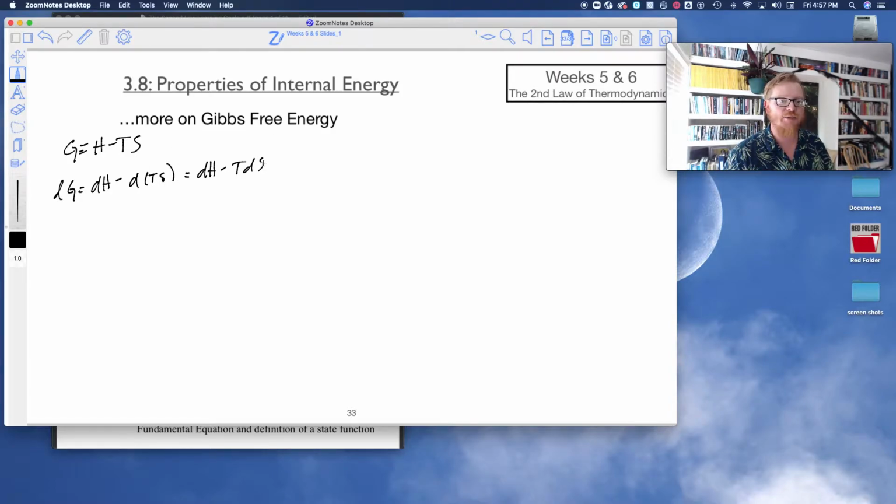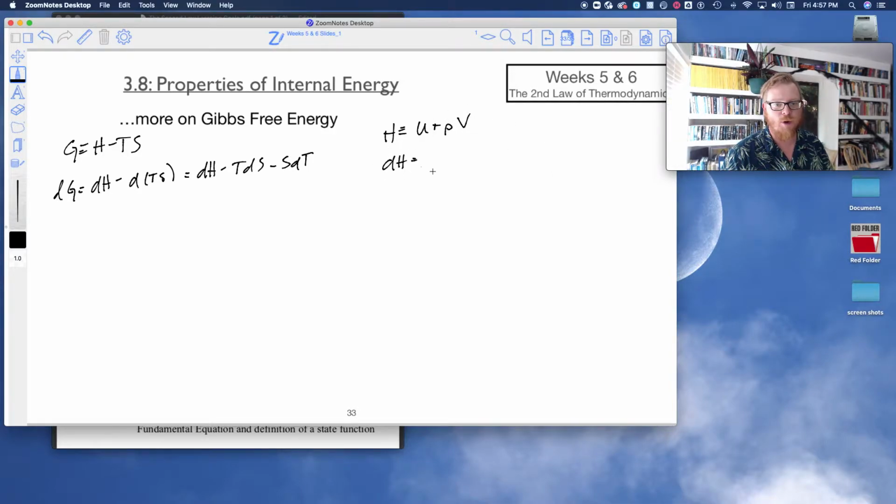So d(TS) first gives me TdS plus SdT. So that would be my chain rule. We also know that by definition H, so three lines there means that's a hard definition, is U plus PV.